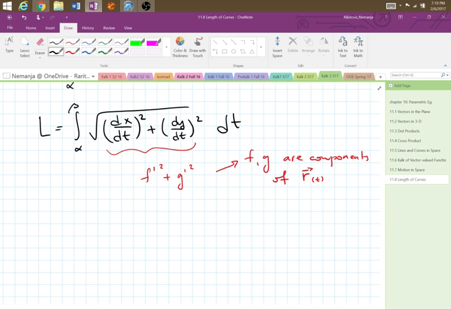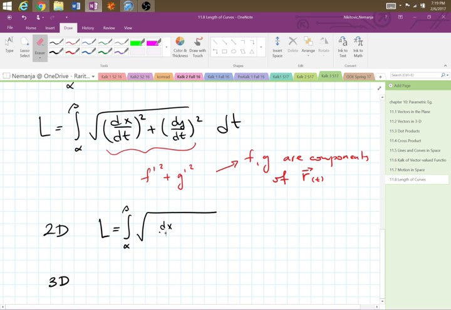So what we are going to now box is a 2D version and a 3D version of the parametric form for arc length, which is the integral from alpha to beta, or a to b, doesn't matter, of the square root of f prime of t squared plus g prime of t squared dt.